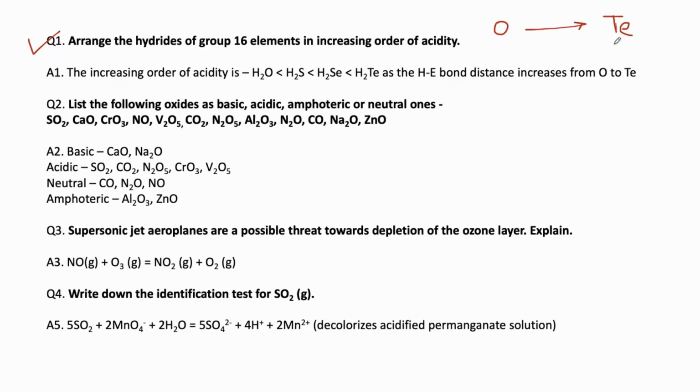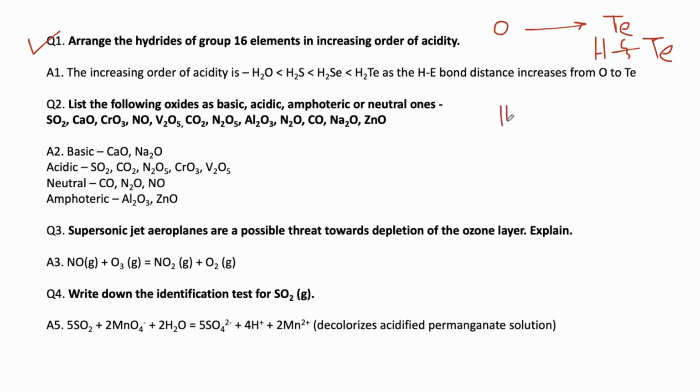Since the bond between H and Te is much longer in length, the bond is easily cleaved. That's why the acidic character of H2Te is much higher than that of H2O. Other factors also come into the picture whenever we are considering an acid. Whenever we are talking about an acid, we are forming the corresponding anion.